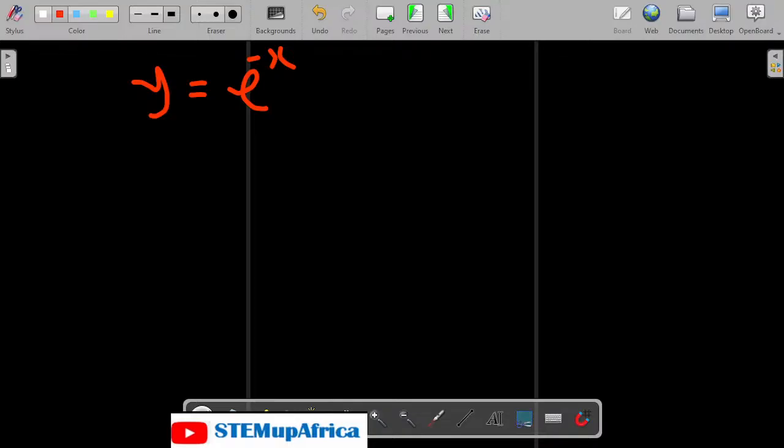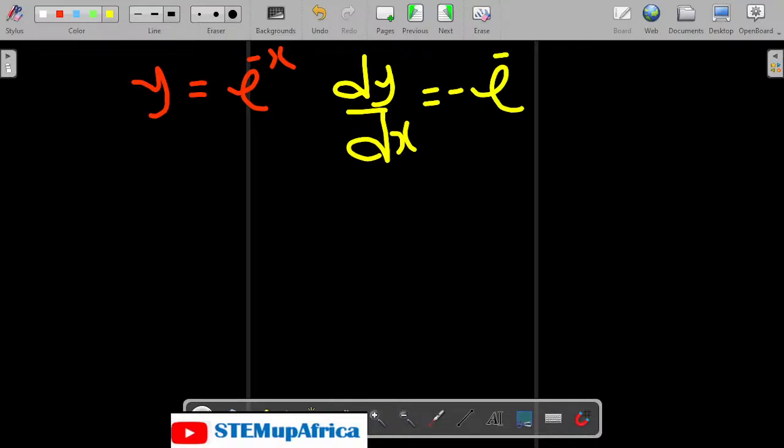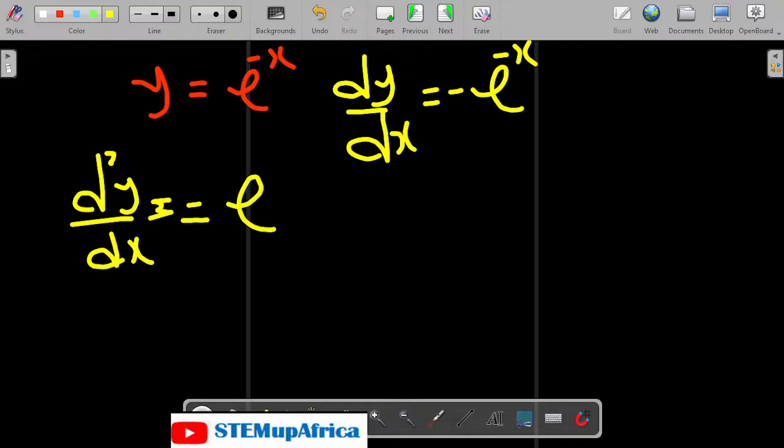Let's differentiate to have the first derivative: dy dx will give me minus exponential minus x. Let's obtain our second derivative from the first. I'm having d square y over dx squared. The minus sign will come down also, that will now give a positive exponential minus x.